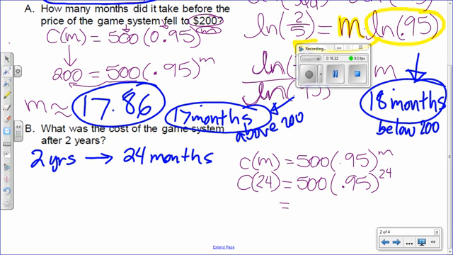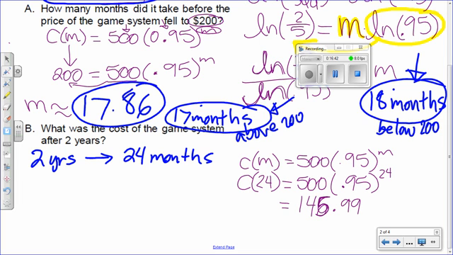Just make sure that the only thing raised to the 24th power is the 0.95, and not the 500. It's 145.99, so about 146.